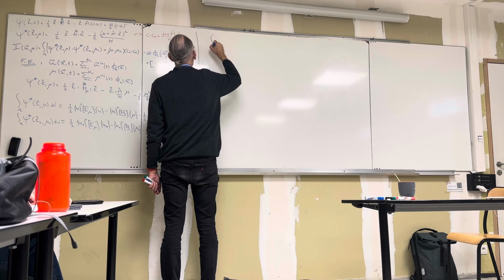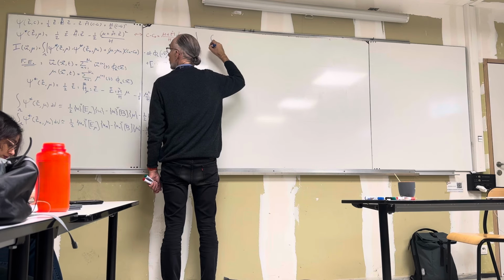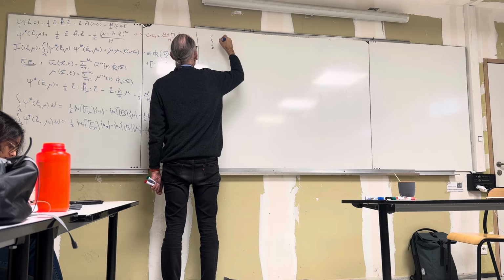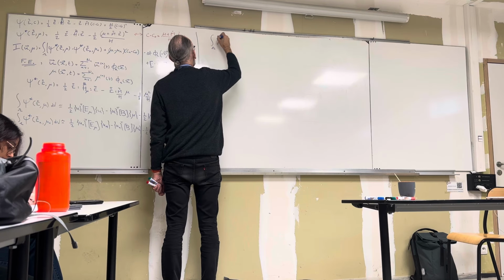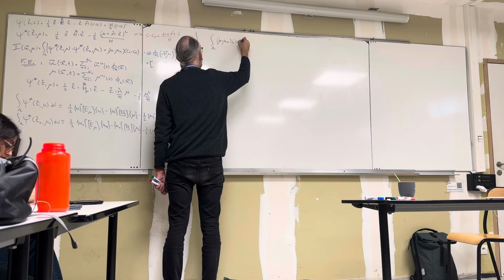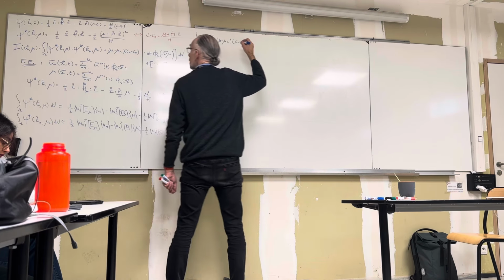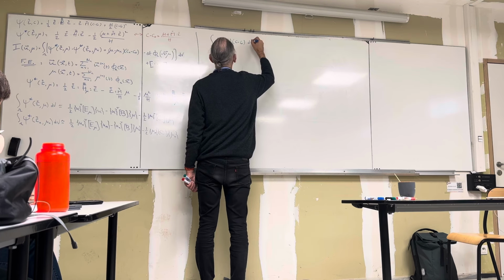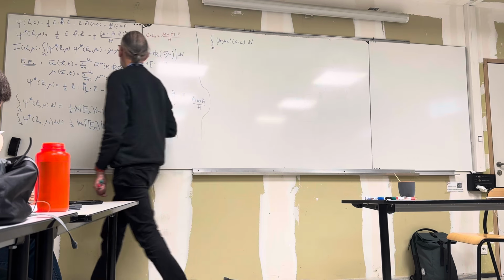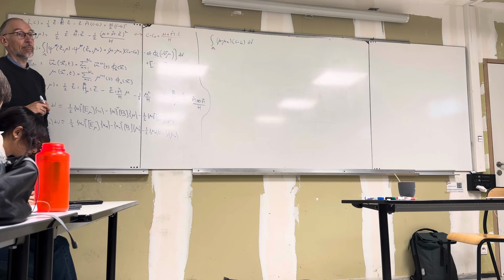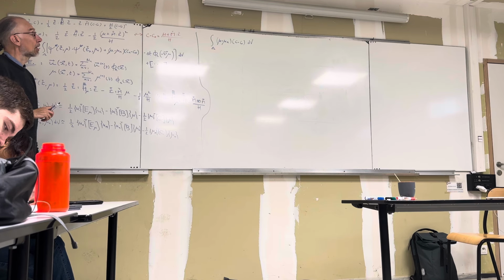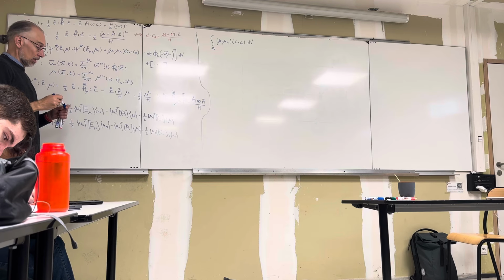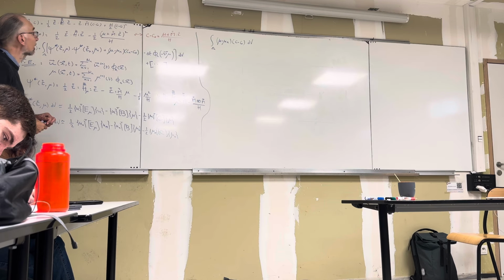If I compute the integral over omega of mu minus mu n, I need to compute this one. Here is where it starts to become a bit different.